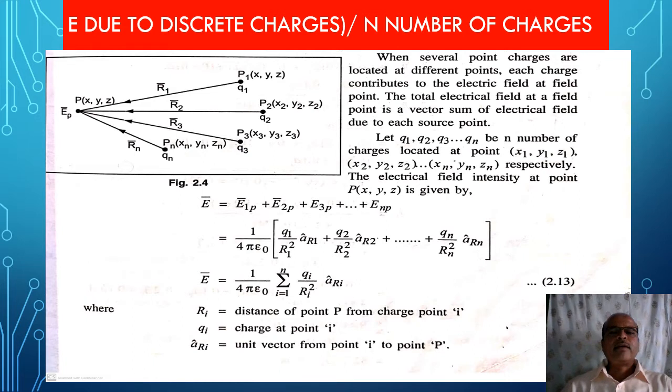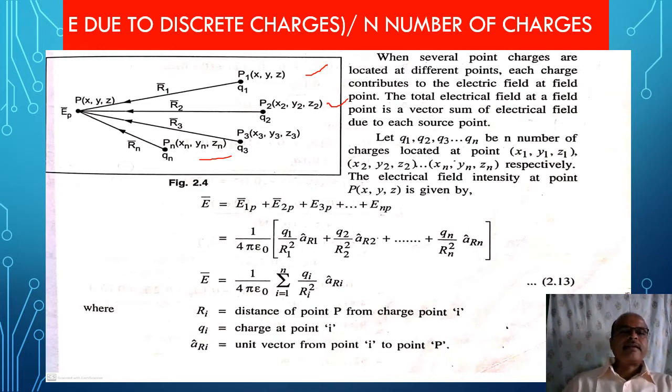Therefore, let Q1, Q2, Q3, up to Qn be the n number of charges located at points x1 y1 z1, x2 y2 z2, and up to xn yn zn respectively.